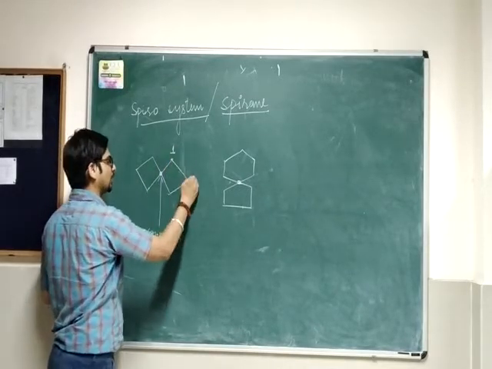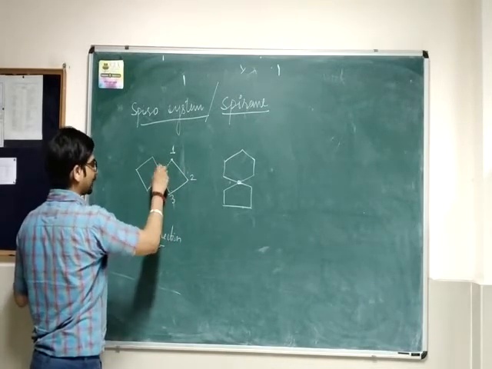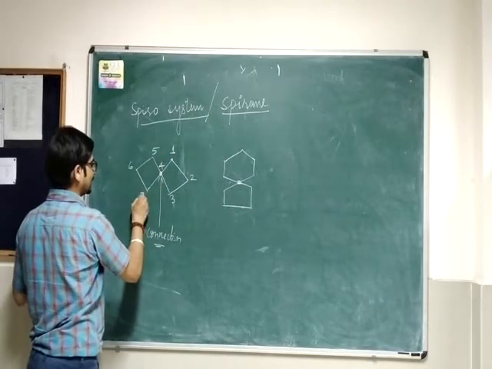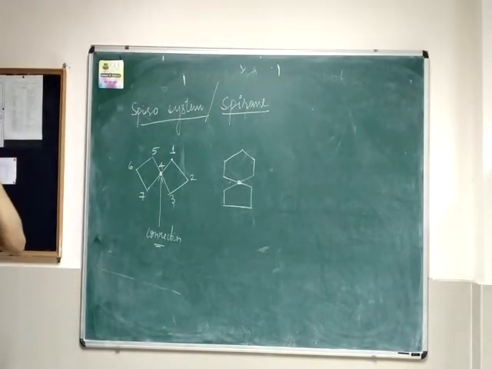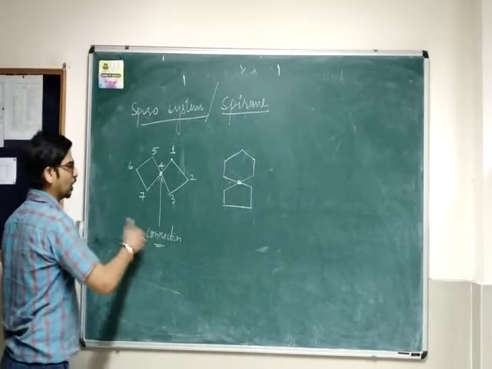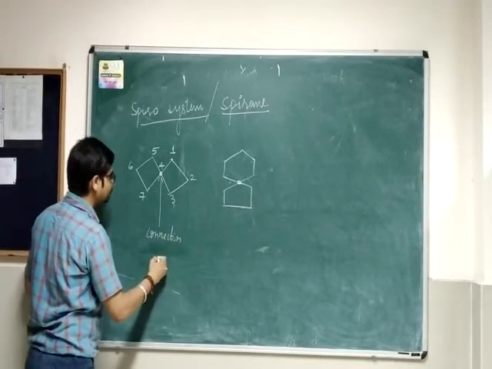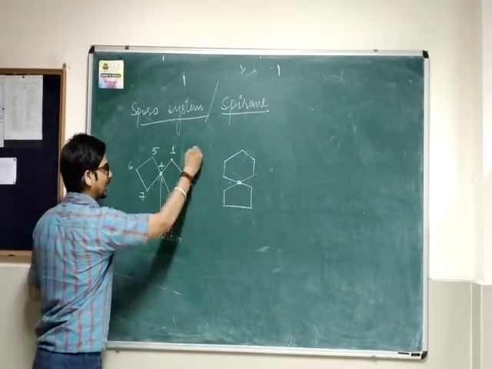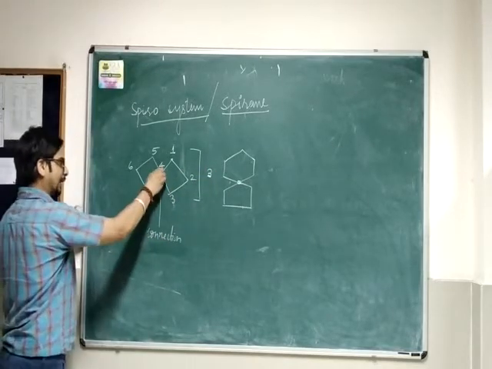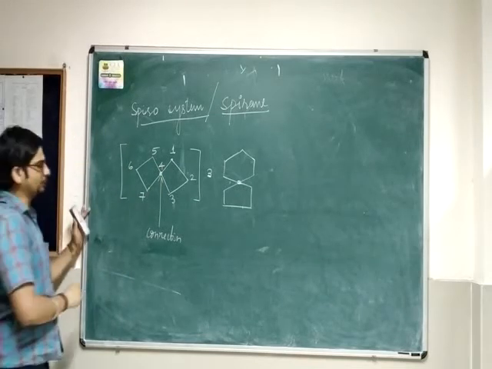So this will be 1, 2, 3, crossing this 4, 5, 6 and 7. So this is the numbering of spiro system. So how will you name this compound? As you can see, there are 3 carbons at one side of this connecting position, 3 carbons on the other side of the connecting position.